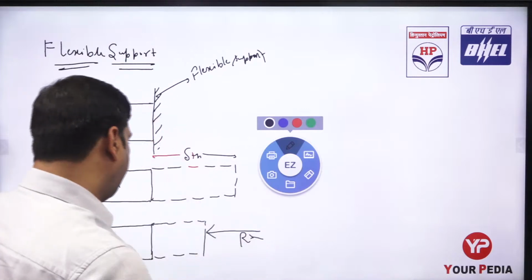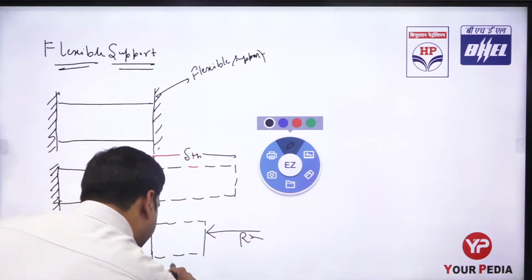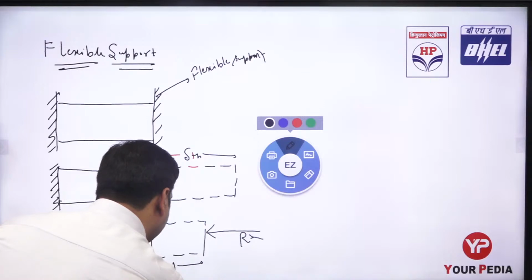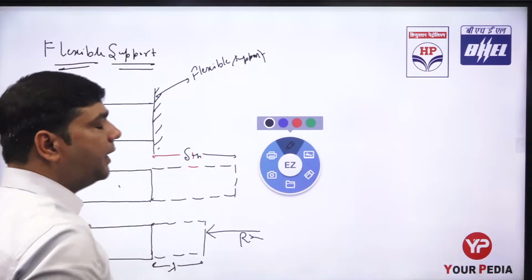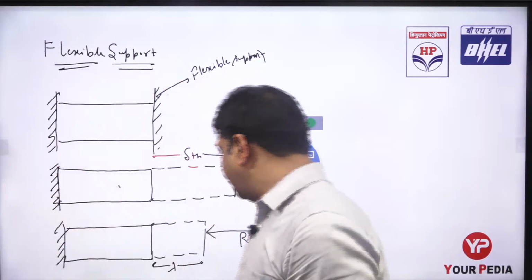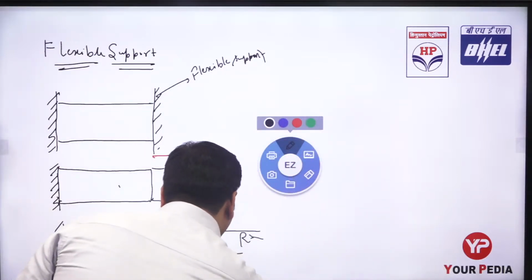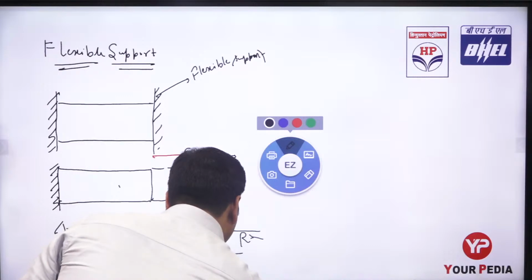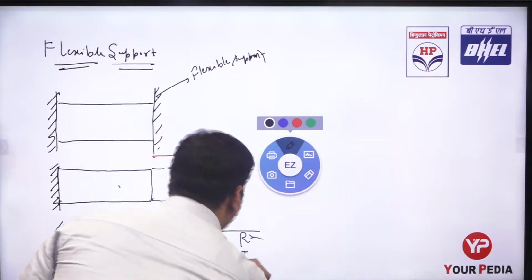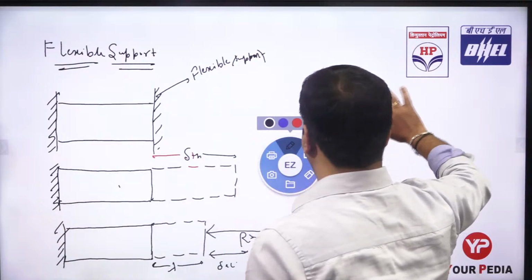There is some delta, lambda, which is permitted or allowed by the support, and there is some axial compression which is done by the flexible support. Is this clear?